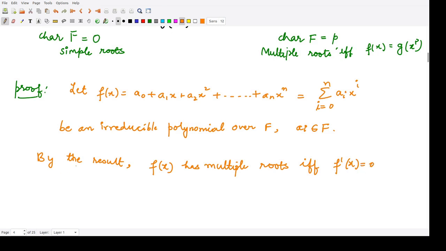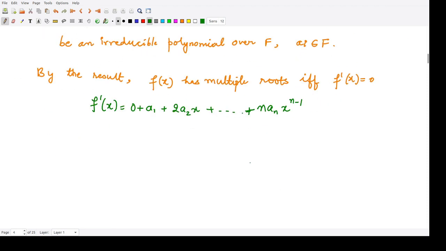So let us first calculate the derivative for this. What would be f dash x? F dash x would be, this being a constant, 0, plus its derivative would be a1, and then its derivative would be 2a2x plus so on, plus we have the last derivative as n an x raised to power n minus 1.